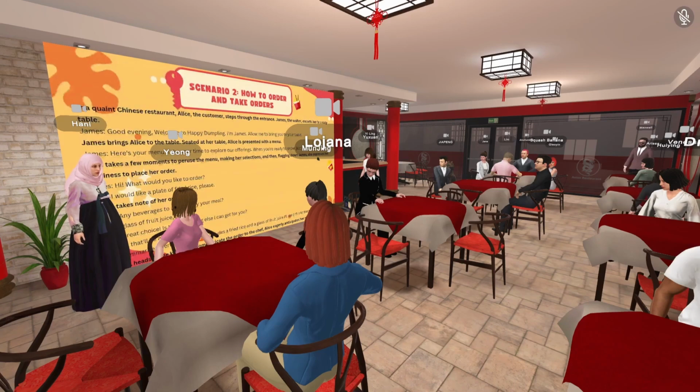For the second scenario, we'll focus on how to order and take orders. So in a quaint Chinese restaurant, Alice, the customer, steps through the entrance. James, the waiter, escorts her to a cozy table. Now we have James and Alice. So can we switch the roles? Yoongjin will be James, and Moonjin will be Alice. Is that all right? Sure.